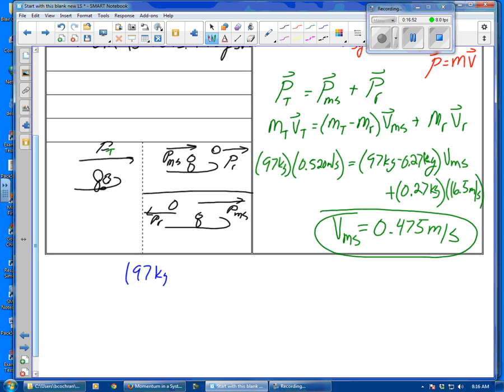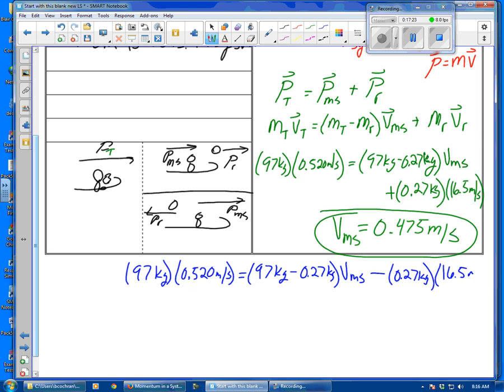So 97 kilograms, 0.520 meters per second. So momentum of the system before equals afterwards. We've got 97 kilograms minus 0.27 kilograms times v of the man and sled. Minus now, that's the big change, 0.27 kilograms. And it's minus because that 16.5 is in the other direction.